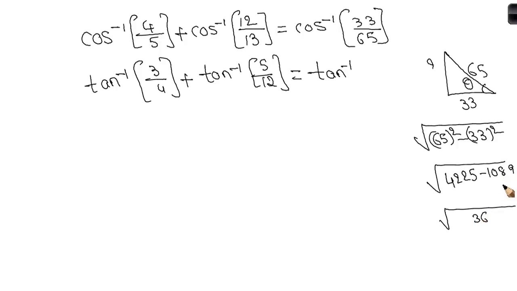I think this is 56 square. 56 square is 3136. Yes, the square root is 56. So this becomes tan inverse of 56 upon 33. This question mark becomes 56. This side is 56. So if I can prove this, it is done.